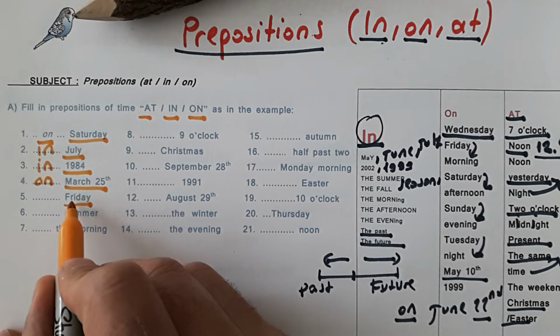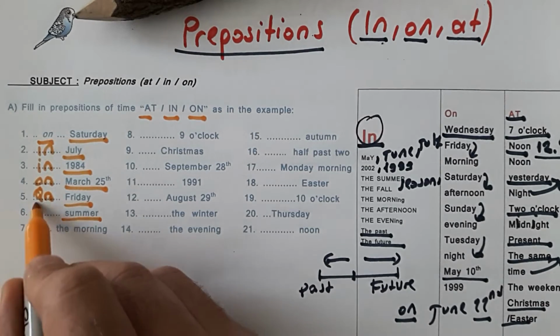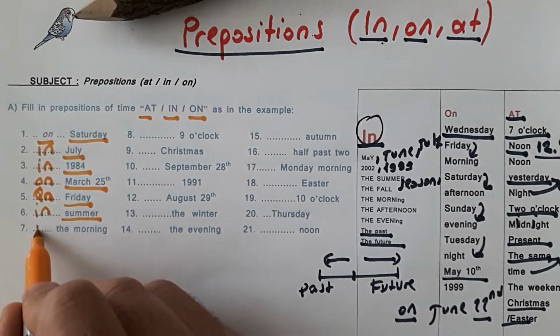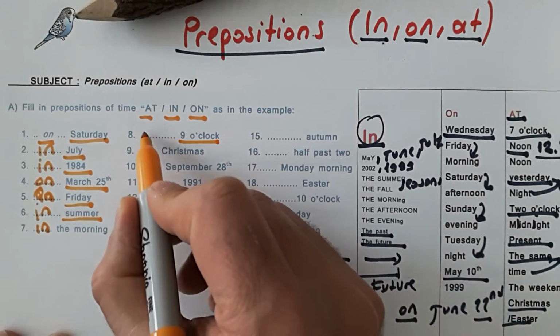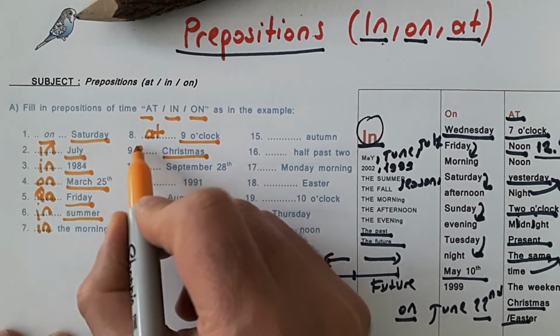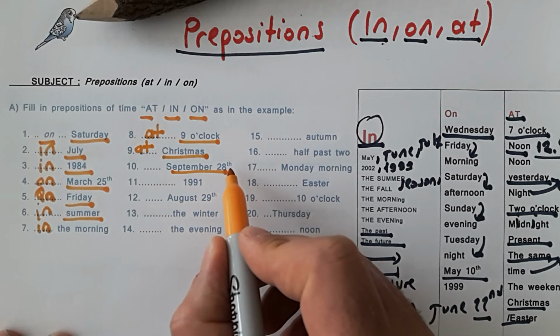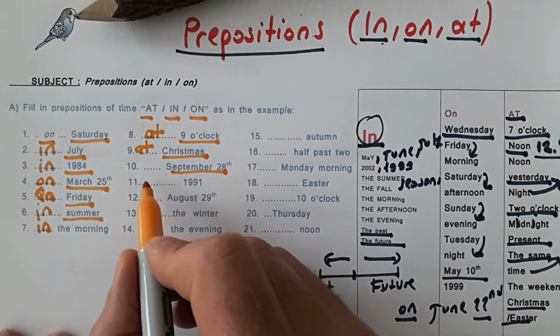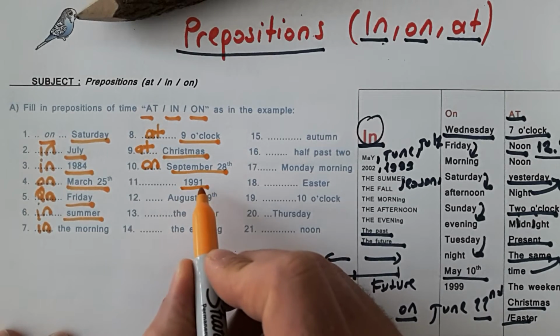Before days again, we are using on Friday, and in summer, in the morning, at 9 o'clock, at Christmas. September the 28th, or 28th of September, we are using again on. 1991, in.